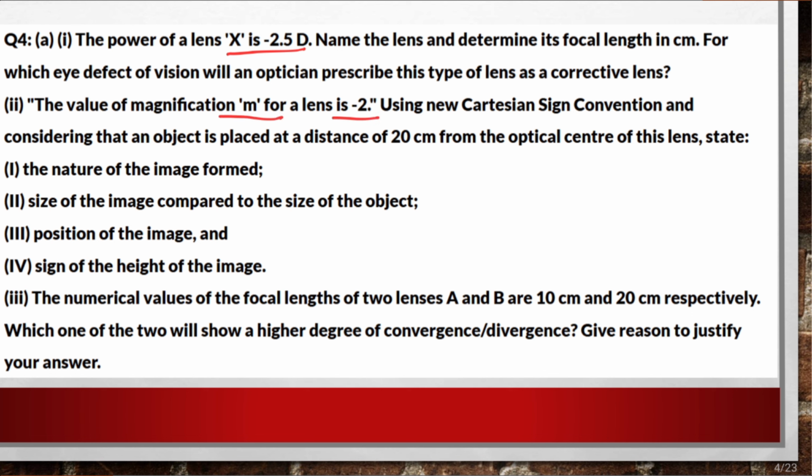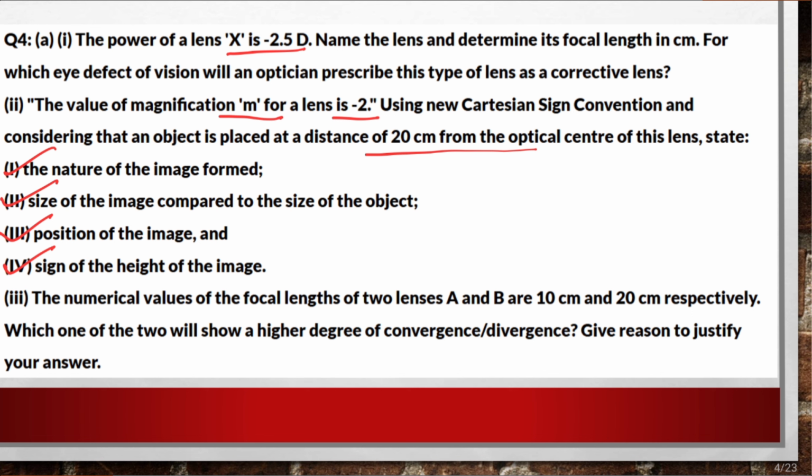Using the new Cartesian sign convention and considering that the object is placed at a distance of 20 cm from the optical center of this lens, state the nature of the image formed, size of the image compared to size of the object, position of the image and sign of the height of the image.